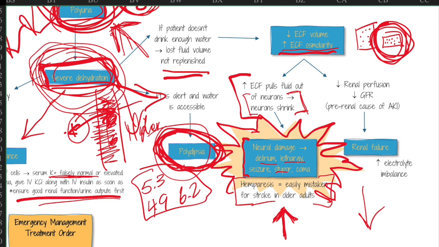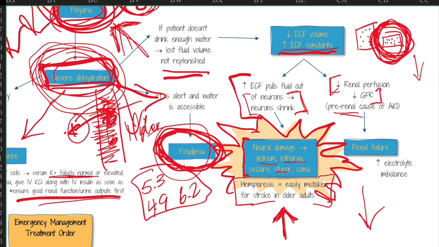One of the other things, just really quickly, that it does as well: if you've got low ECF, low extracellular fluid volume, when that fluid hits your kidney, the kidney knows it's not getting enough, right? And so that low renal perfusion is going to decrease your GFR. If you don't know what that is, don't worry. There's a video on kidney disease and GFR somewhere in here as well.